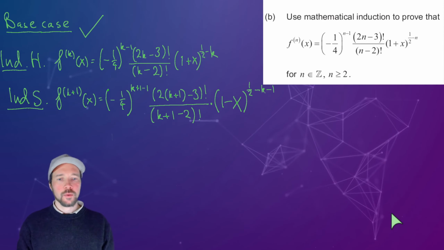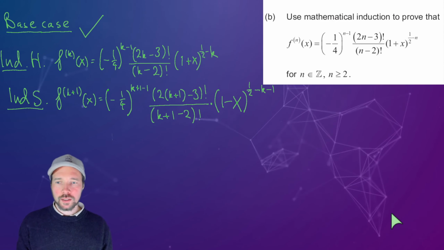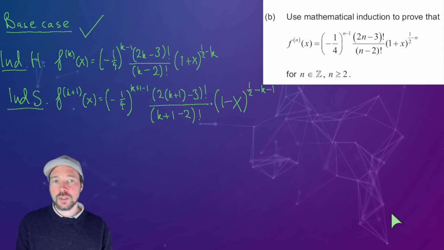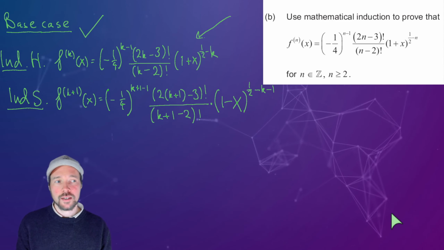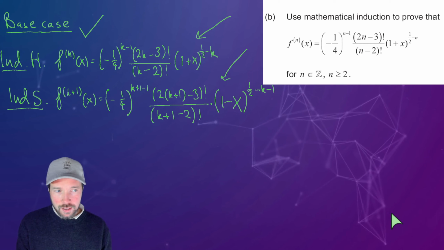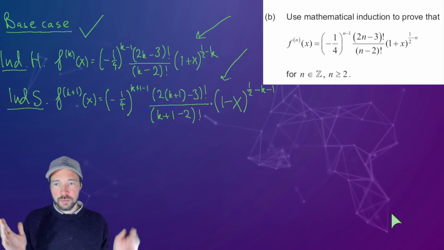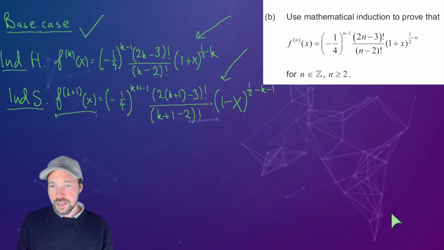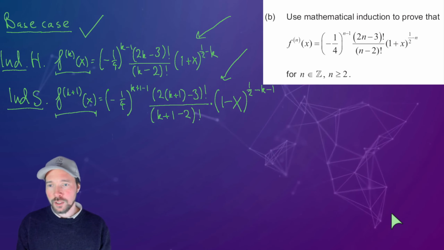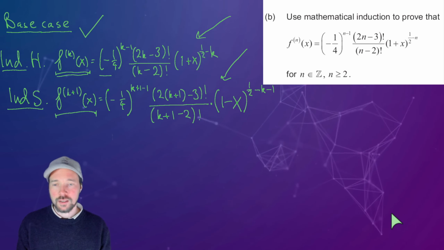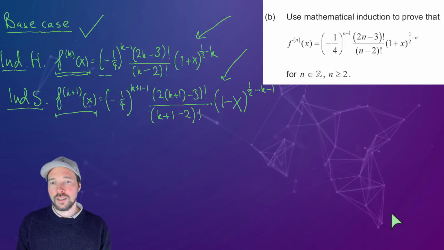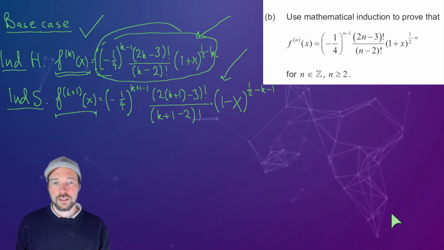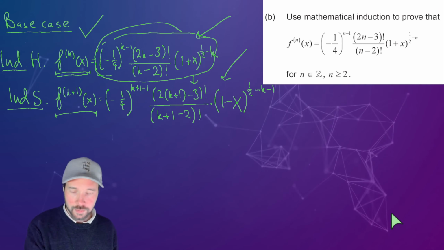Okay, so here we are, and now we want to prove what? We want to prove that when we take the derivative of this, then we get this. That's all we need to prove, because this is the derivative of this, and if we know that this equals this, and we take the derivative of this and we get this, then we're done.